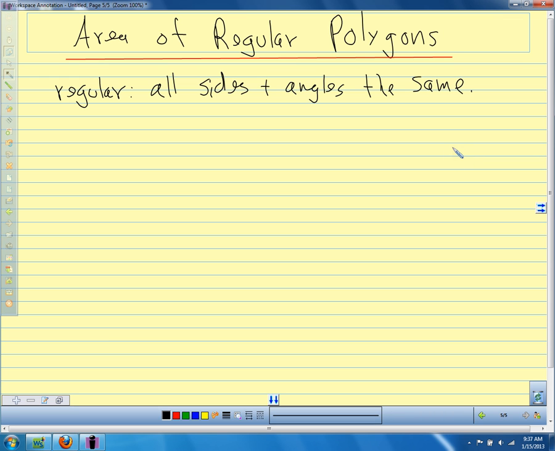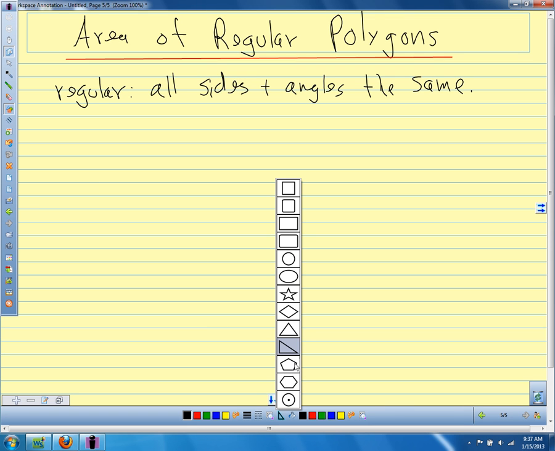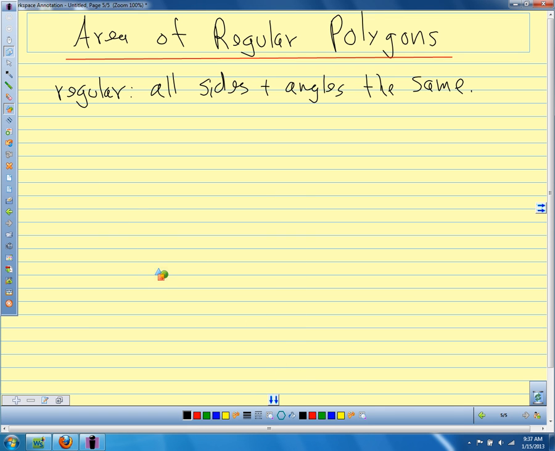So this part doesn't have to go in your flip book. We'll put more information in your flip book tomorrow. Just really quickly, I want to explain that the formula for the area of a regular polygon comes from dividing this polygon into triangles.